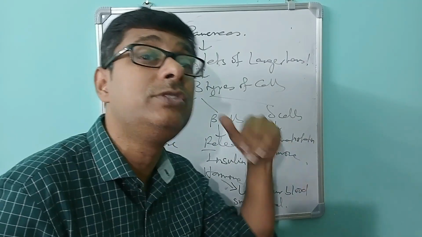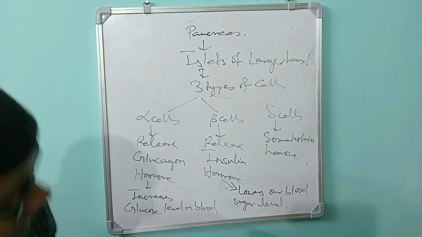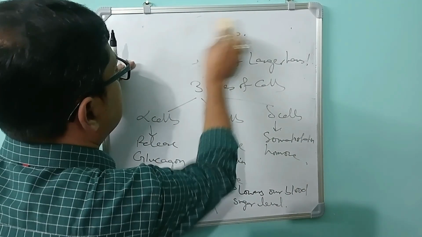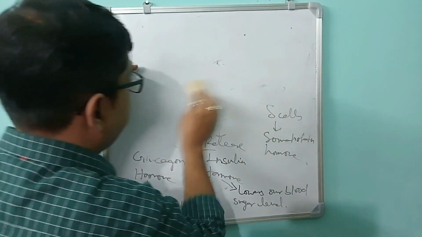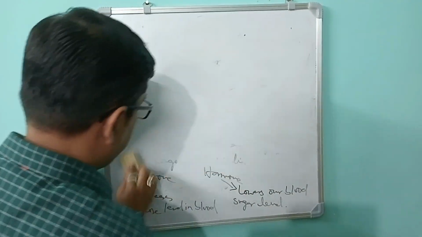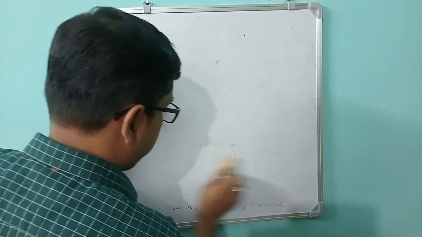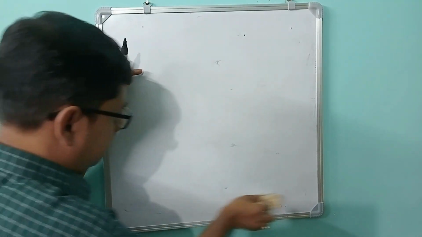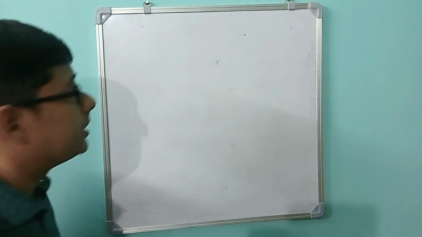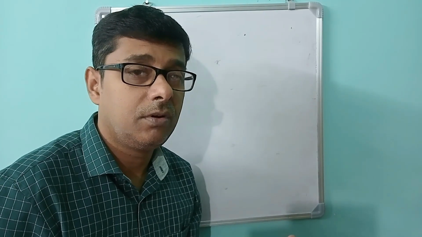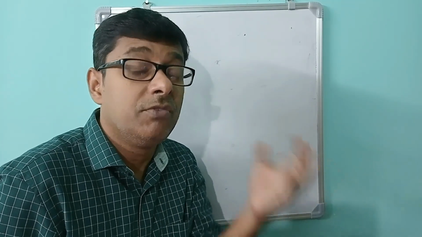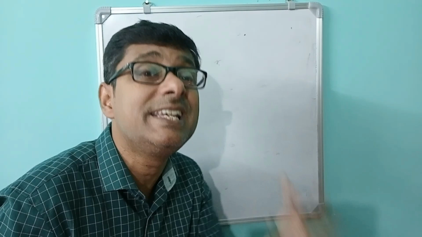This is called glycogenesis. That also I am writing. These types of questions come. And very important, what happens when insulin hormone is released in less amount in our body?